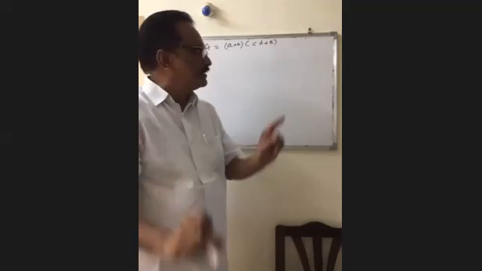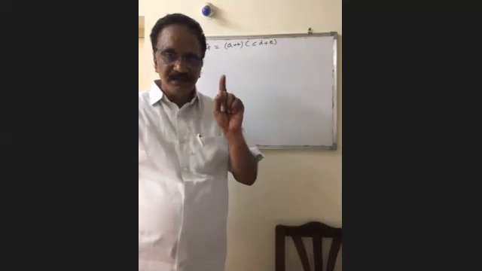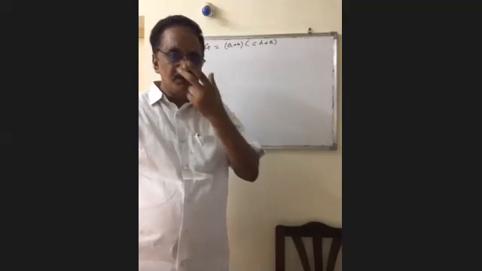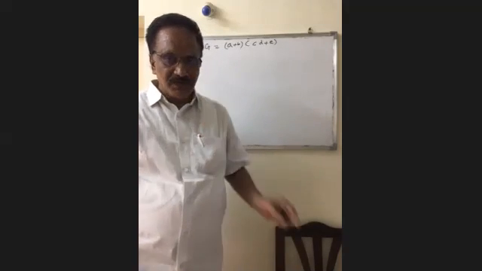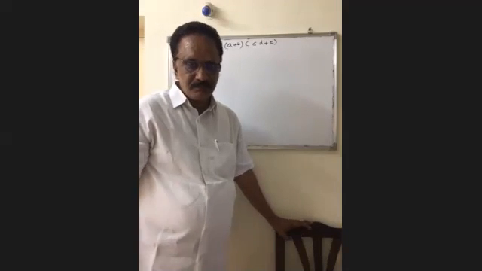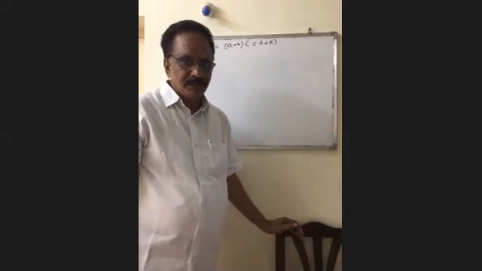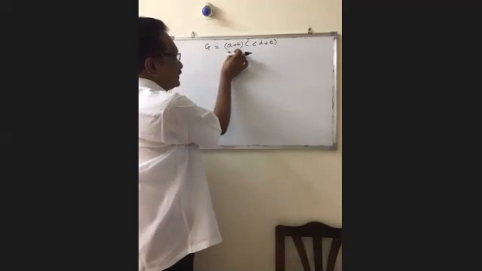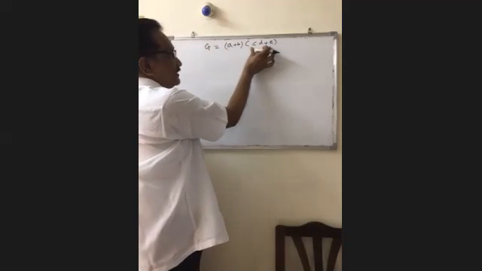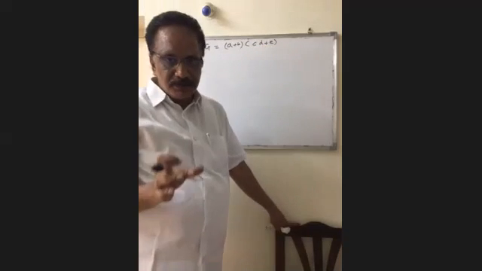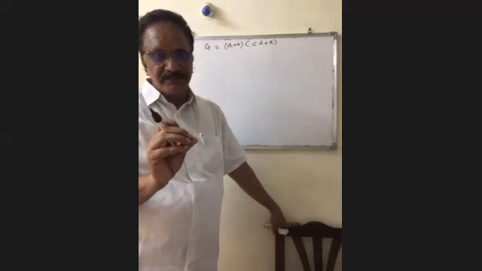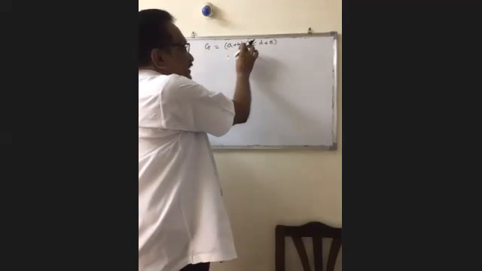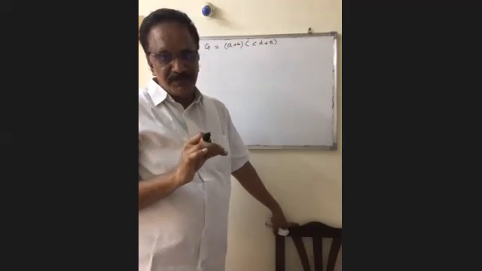For example, to realize that expression by using only two input NAND gates, follow this procedure. Let us assume this is one sum term, this is another sum term, and it looks like a POS expression, product of sums form.